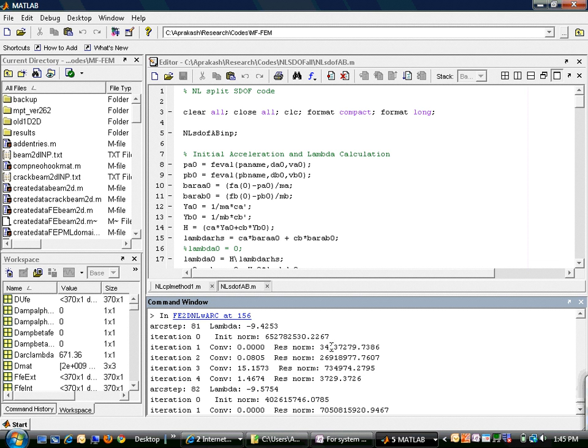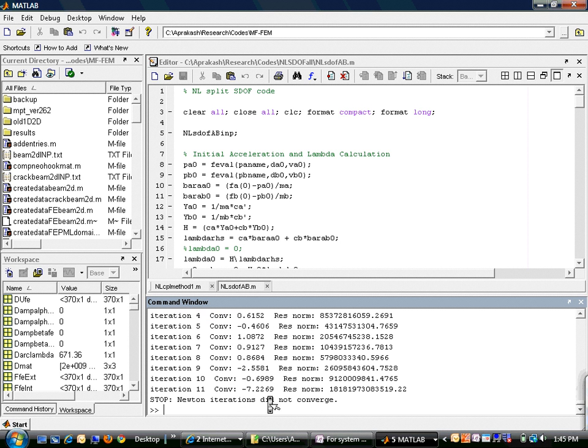You can see from earlier problems that the residual started out very big, but then it got down to a small number with respect to the original. So if you are using something like 10 to the power minus 4 or 5 as your tolerance for the residual, this is convergence. And just like I told you, 4 or 5 iterations is what Newton's method takes to converge.